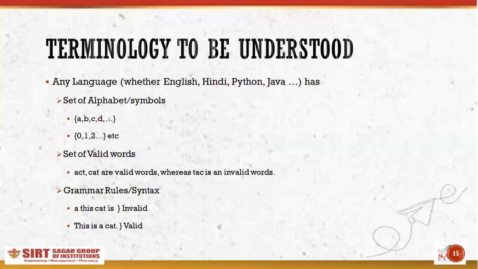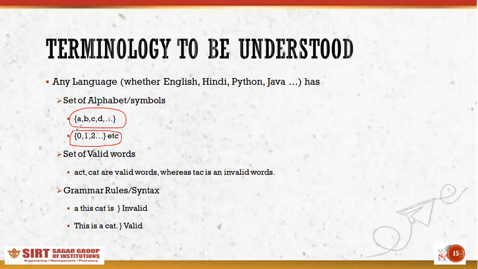Now I would like to discuss a few terminologies which one should know and understand before starting this course. First of all, what is a language? Any language, whether it is Hindi, English, or any computer language like Python, Java, etc. What should a language consist of? A language should consist of three things mainly. First one is a set of alphabets, meaning the alphabets that constitute the words of that language.